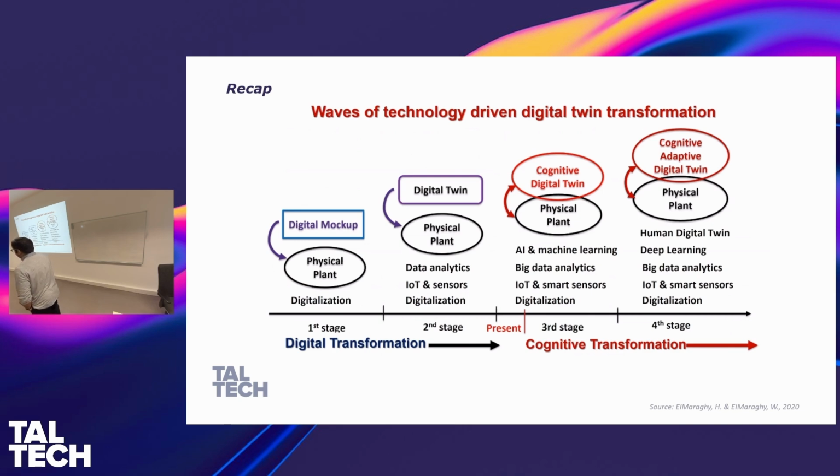We don't have a real case right now, but in the end, as you have a group work, if you are working in some company and have a real use case, we encourage you to do this kind of digital mock-up of your real production system or production line.